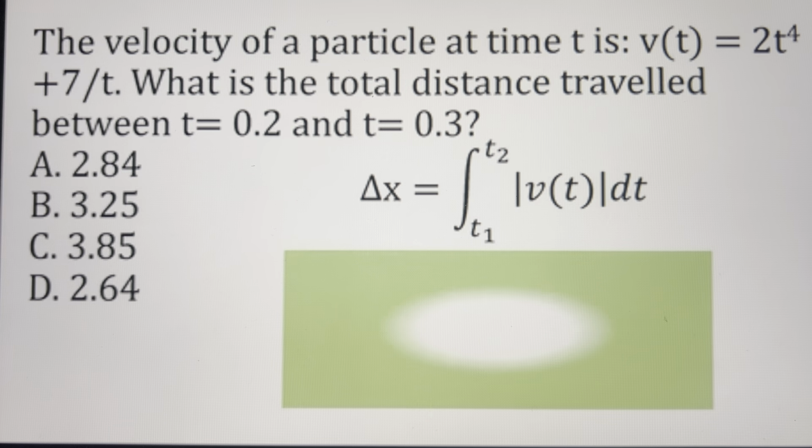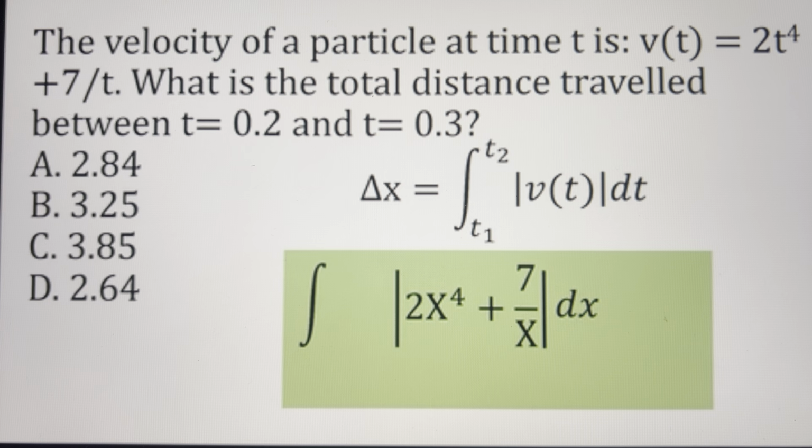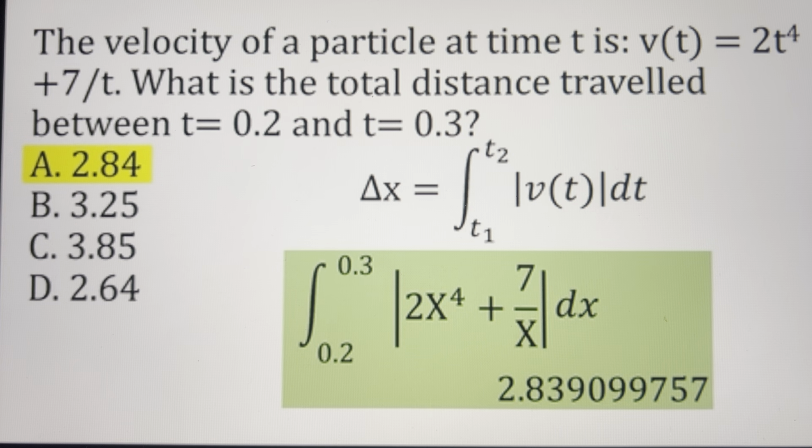So let's insert that inside the absolute value and inside the integral. So in terms of t, let's change t into x. And the limit will be 0.2 up to 0.3. Press equals, so the value will be 2.839099757 or 2.84.